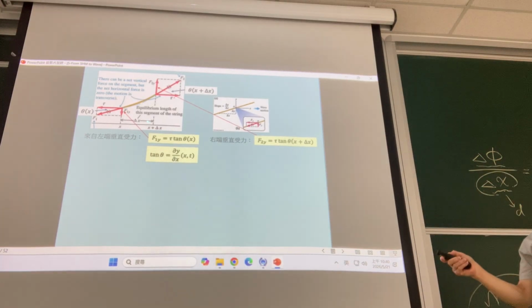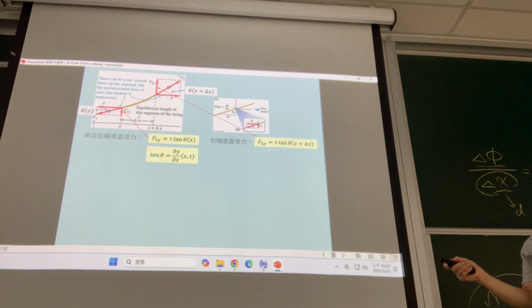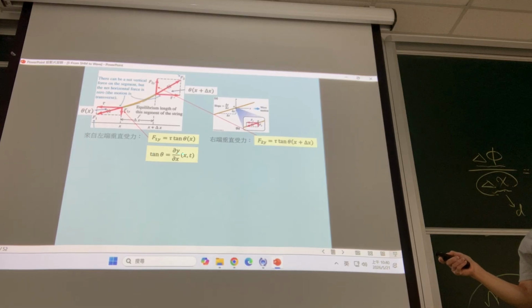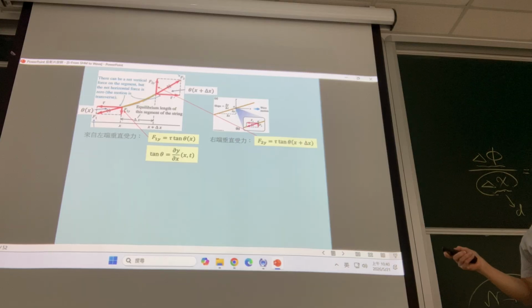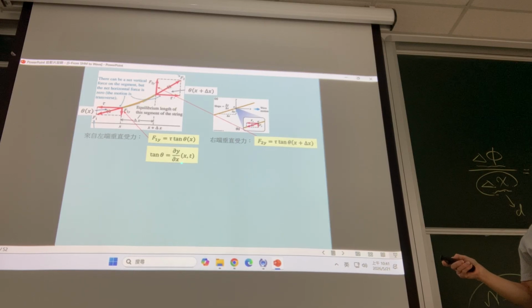And this function, tangent theta, we can easily calculate as partial y, partial x, because for obvious reasons, partial y partial x is the slope of this line. Therefore, tangent theta is equal to partial y over partial x.